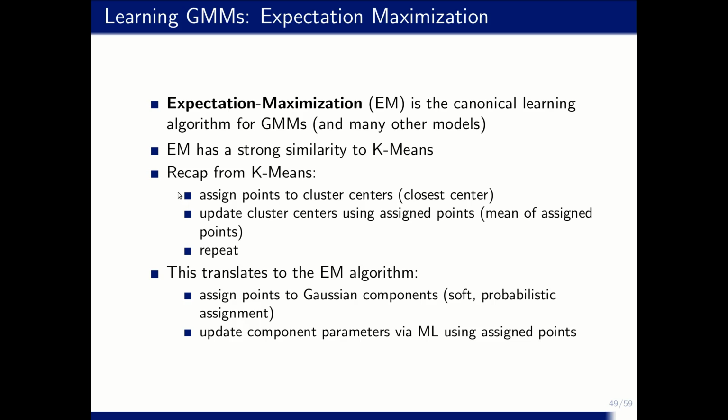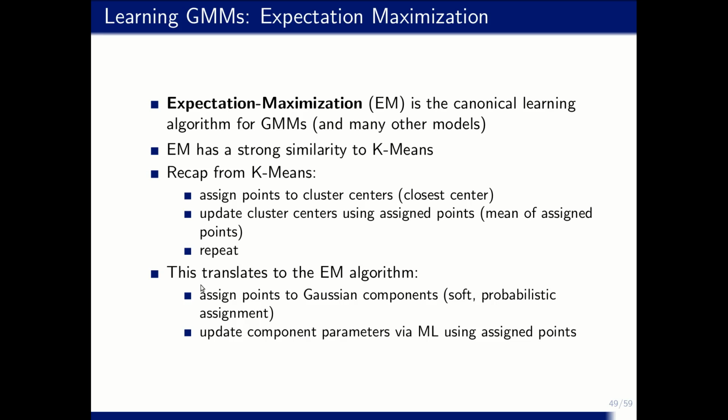A pretty similar story will happen here in Gaussian mixture models, but it will be soft. In k-means, this assignment of points to clusters was a hard assignment. You just assigned each point to the closest center, and then you updated the cluster centers. Here in EM, we will do a probabilistic or soft assignment of points to Gaussian components.